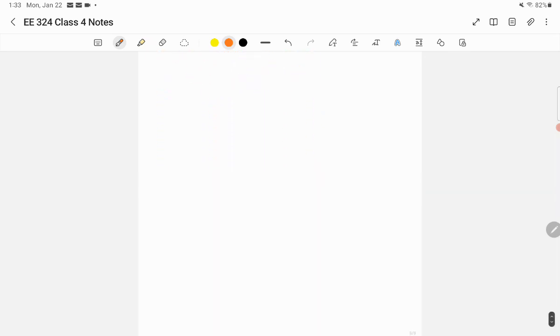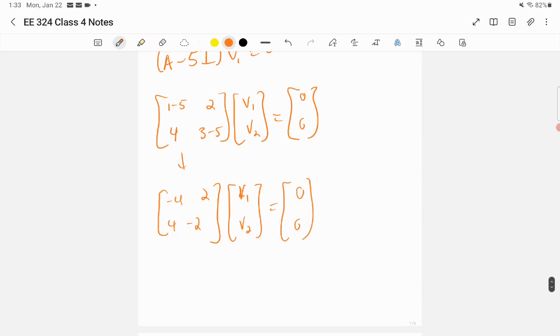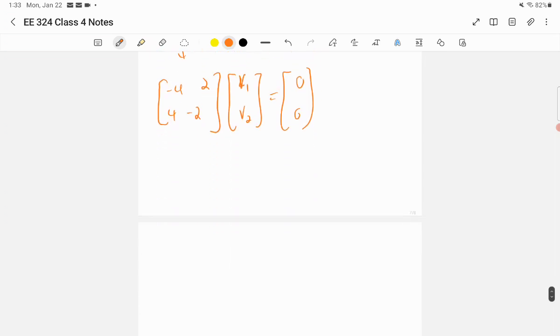Now often what we're going to find is that we're going to have a free variable to help us figure out the eigenvector. So let's multiply this out. This says minus 4v1 plus 2v2 is equal to 0. That's the top part. And then we're also going to have another equation that says 4v1 minus 2v2 is equal to 0.